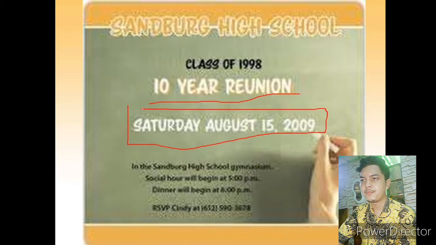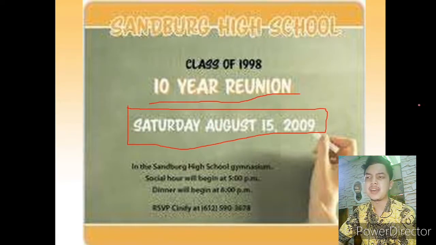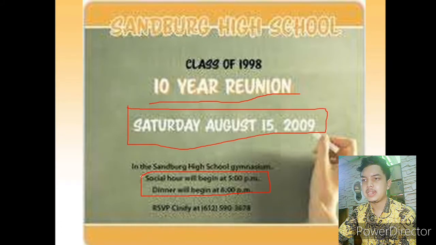So by showing this, I hope you can do the exercise properly. Okay, here's the date and here's the time. Social hour will begin at 5 p.m. until 6 p.m. And the top of this is the place, in the Sunbrook High School gymnasium.